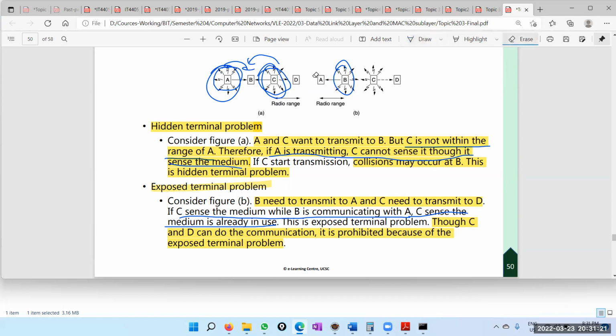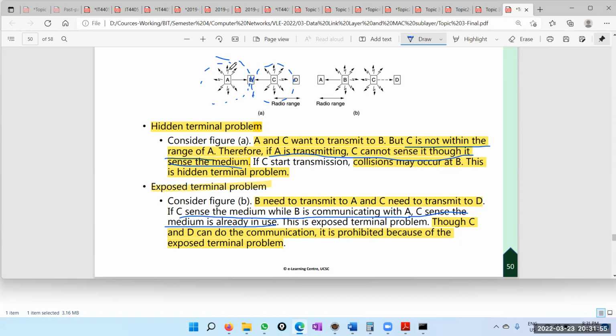Now again, I will delete and show it again. You can see that this is A's territory. A is aware of B and B is aware of A. At the same time, B is aware of C and C is aware of B. But A is not directly aware of C, and C is not directly aware of A. So that is called the hidden terminal problem.